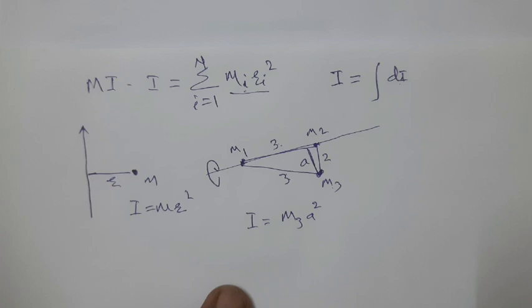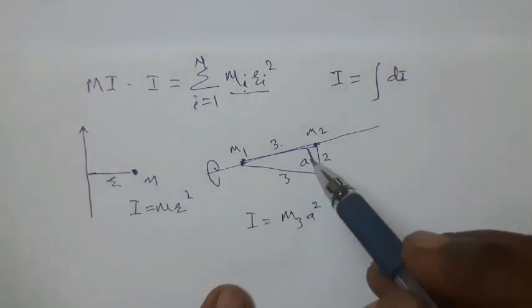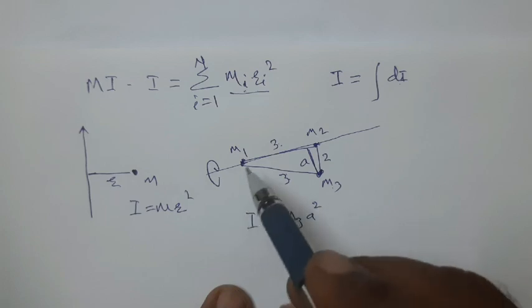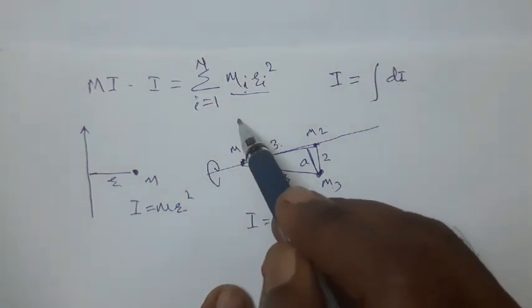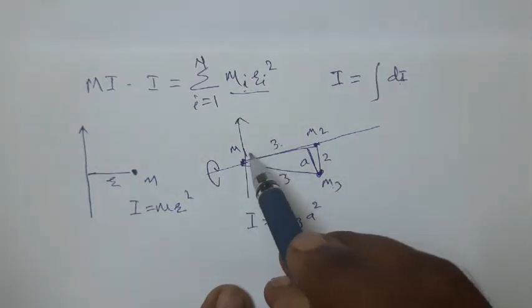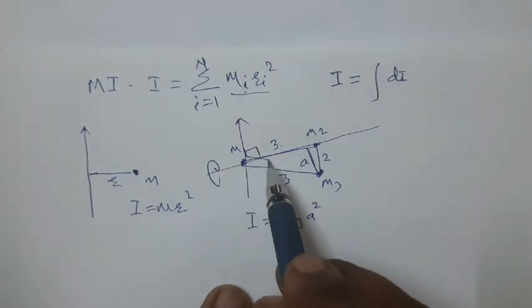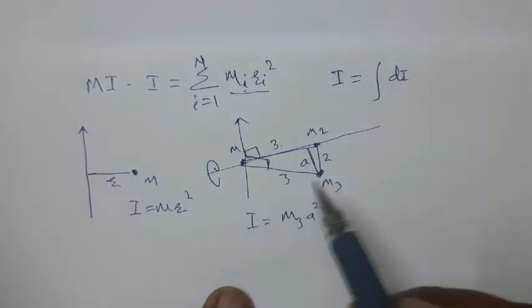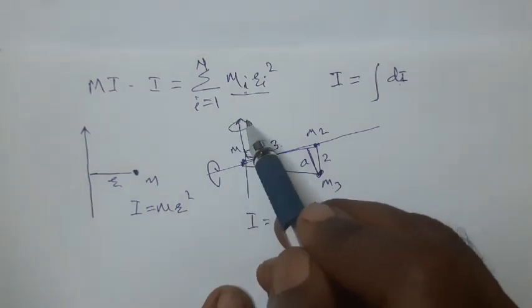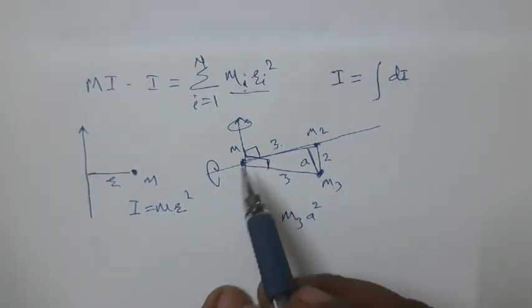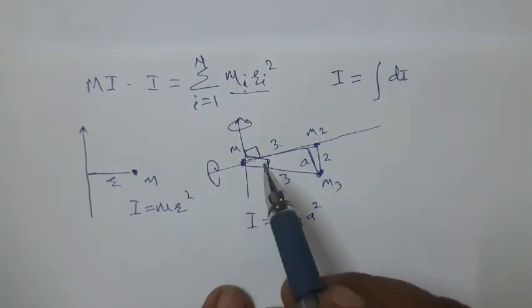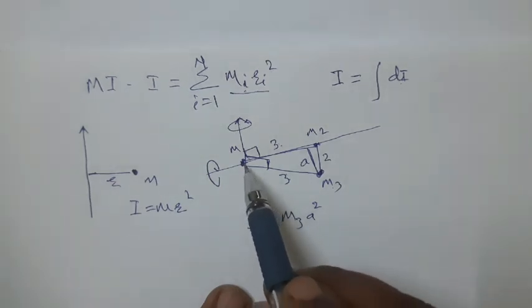There is no issue. Now if I am interested in the moment of inertia about a perpendicular axis, suppose the axis passes through m1 and is perpendicular to both these position vectors. That means the axis of rotation is passing through m1, and therefore there is no role of m1 in giving the moment of inertia.